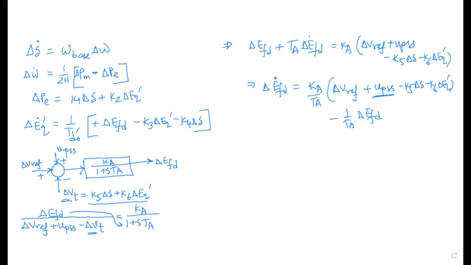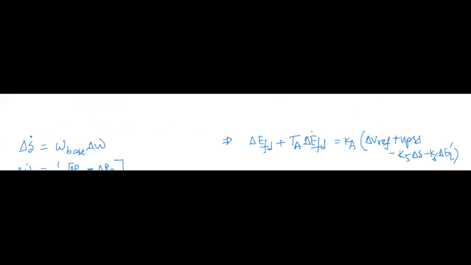So if we now go here, you see equation number 7, this is what I tried to derive. Here is the presence of UPSS, and this is the Ka over Ta, and this is the remaining part of the equation.